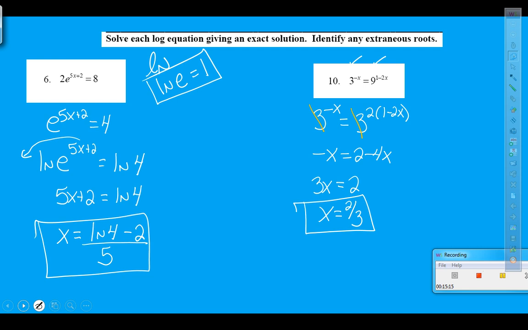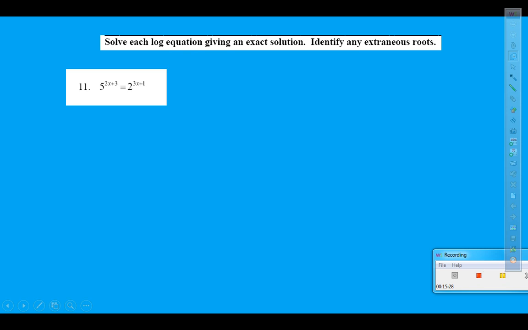Once again, there's no logarithm involved, so we're going to have to introduce the log. 2 and 5 don't have a common base. So here's what it's going to look like. I know I'm going to take the log of each side and bring down that exponent. So I'm going to have 2x plus 3 times the log of 5 equal the quantity 3x plus 1 times the log of 2.